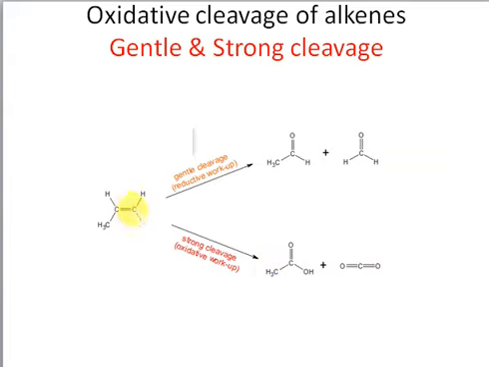So you may imagine that the molecule that forms formaldehyde in gentle cleavage will result in formation of carbon dioxide, and the molecule that forms an aldehyde in gentle cleavage will form a carboxylic acid in strong cleavage. However, if gentle cleavage results in formation of a ketone, a ketone will also be formed in strong cleavage.